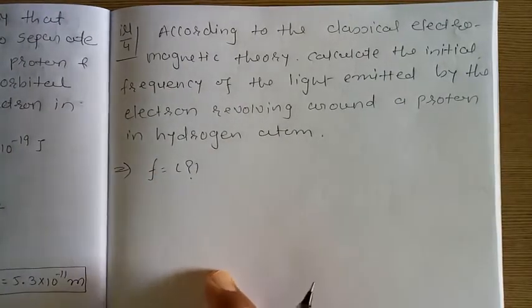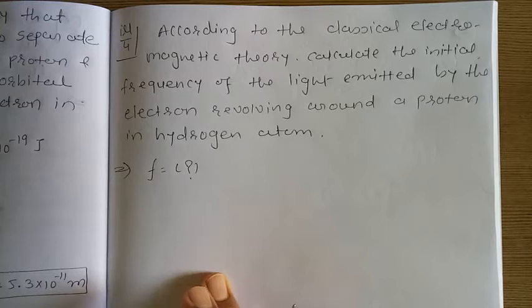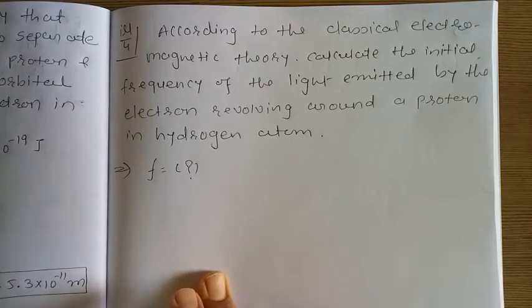Now according to the classical theory, we have to find out the frequency, but here we know the value of radius and velocity, right?